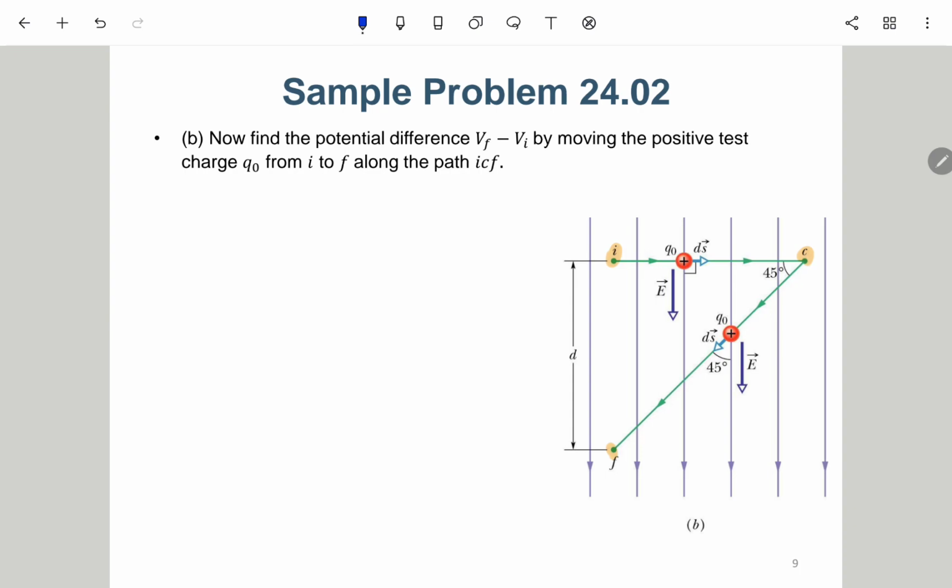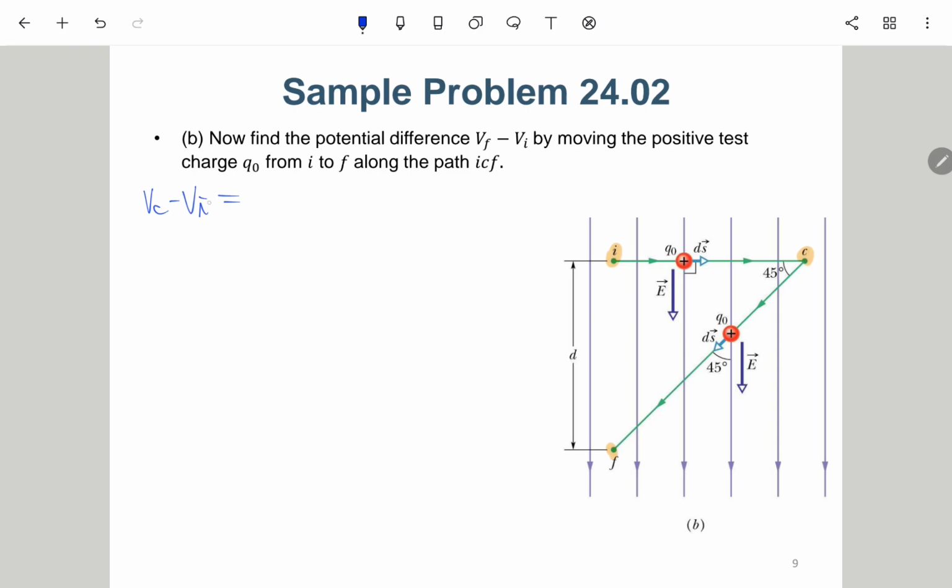After the calculation, although the steps are different, finally the two numbers will be the same. Here we calculate Vc minus Vi first, and then Vf minus Vc, and then add them together so that we finally have Vf minus Vi.